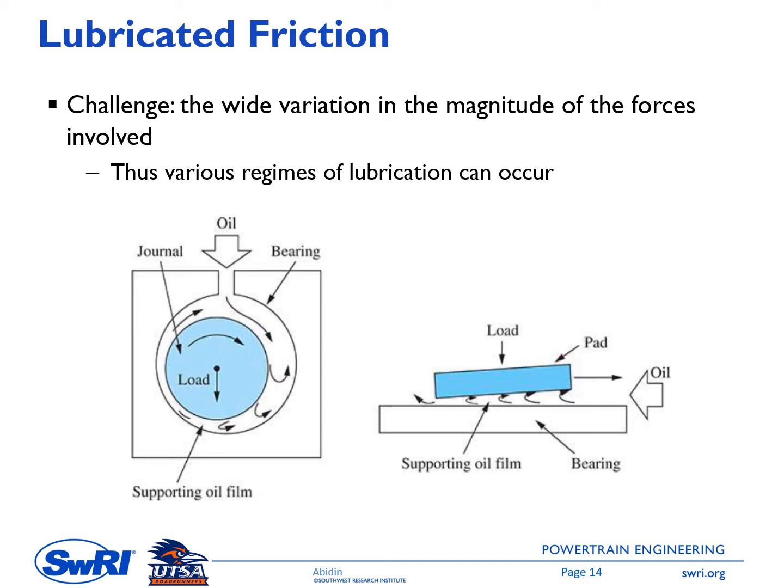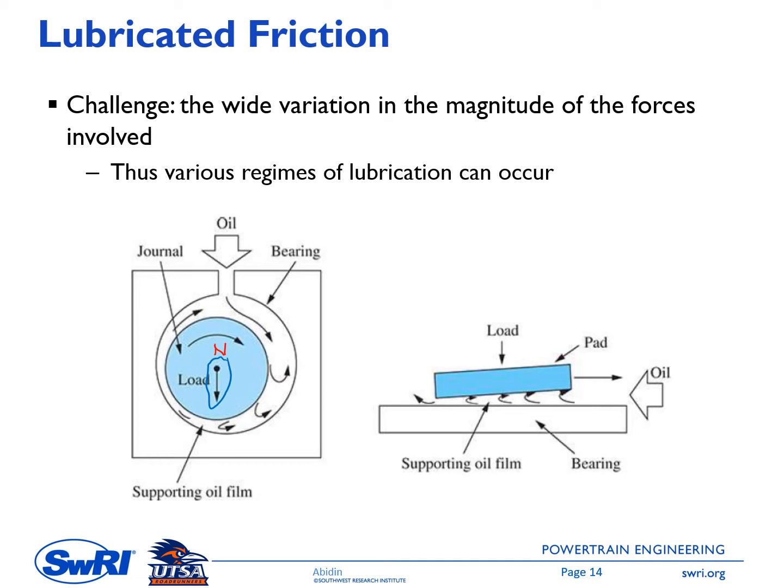On the left side, we have what is called a journal bearing that is lubricated. So the journal is rotating with a certain speed, and then we have the load in this direction, and then between the journal and bearing there will be a supporting oil film with a certain thickness.